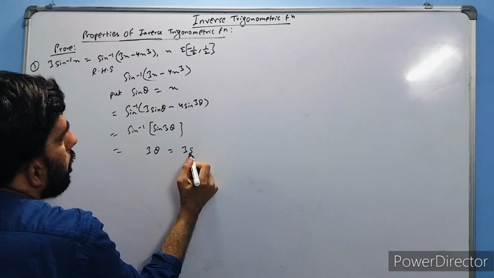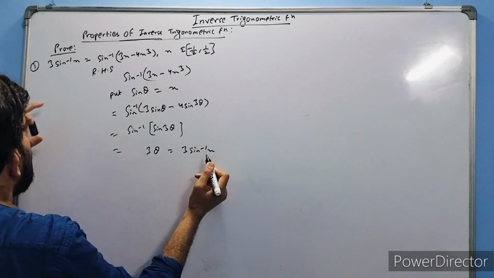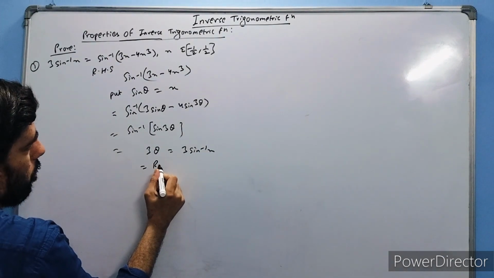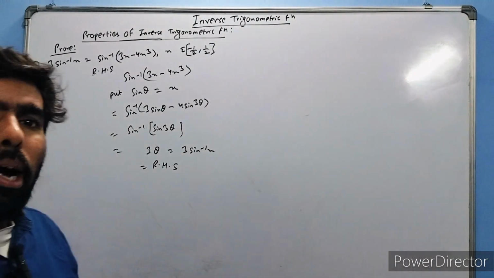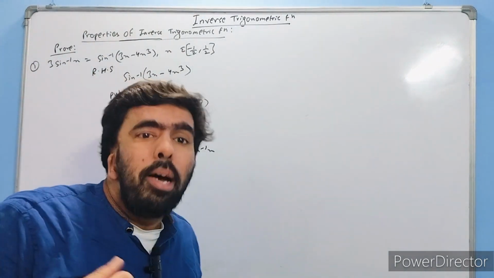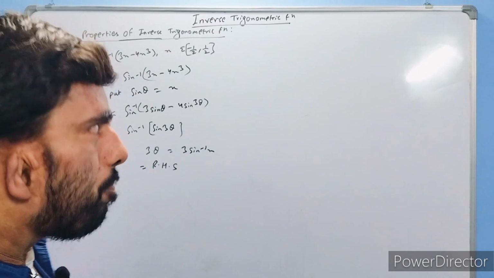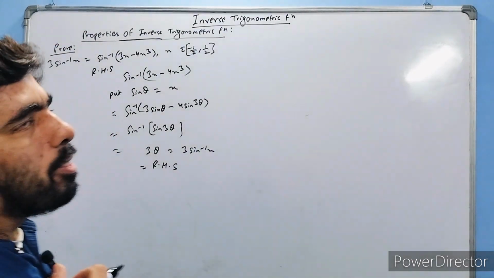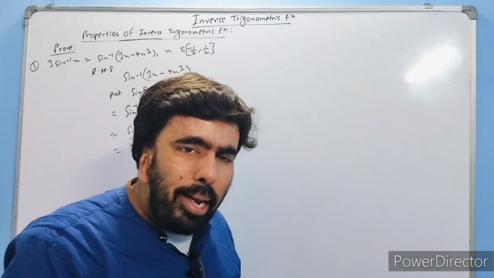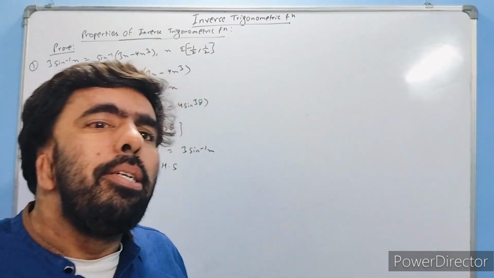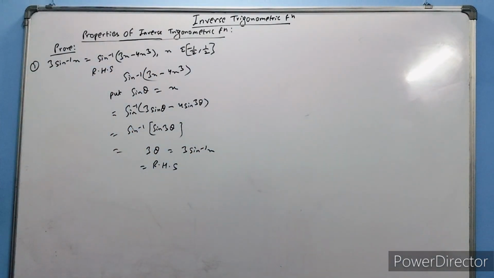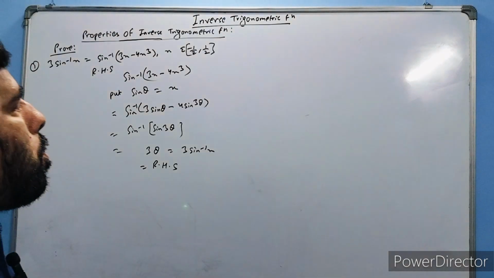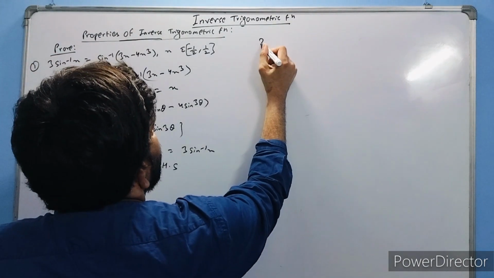We can say 3 sine inverse x is equal to RHS. So I have applied the formula which we learnt in class 11th, that is sine 3x is equal to 3 sine x minus 4 sine cube x. So I hope it's clear now. We have proved this.